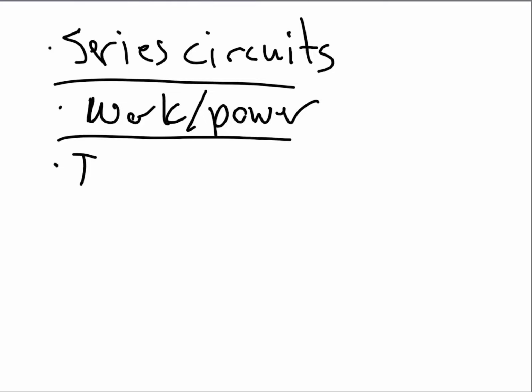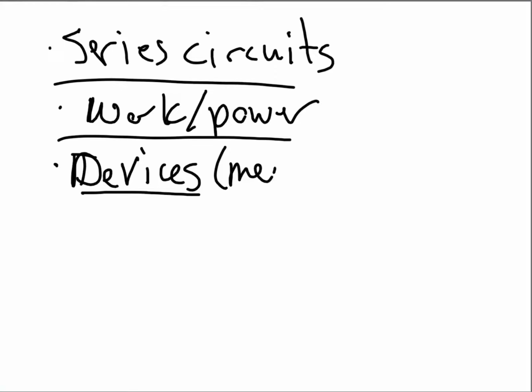Tomorrow I'm going to put out a quick lesson on the devices that are put in, or I guess devices for the sake of measuring, that are put into these circuits. So we're going to talk about voltmeters and ammeters.